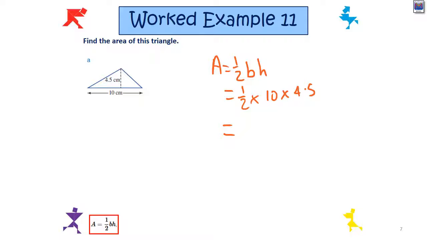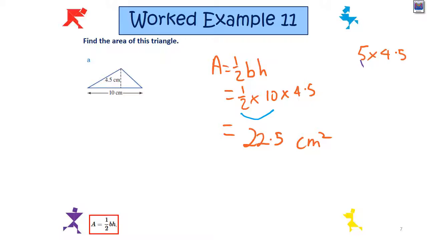Half times 10 is 5. That's that bit there. Half times 10 is 5. 5 times 4.5. Like that. Okay. If you're not sure how to do it, 5 times 4.5.